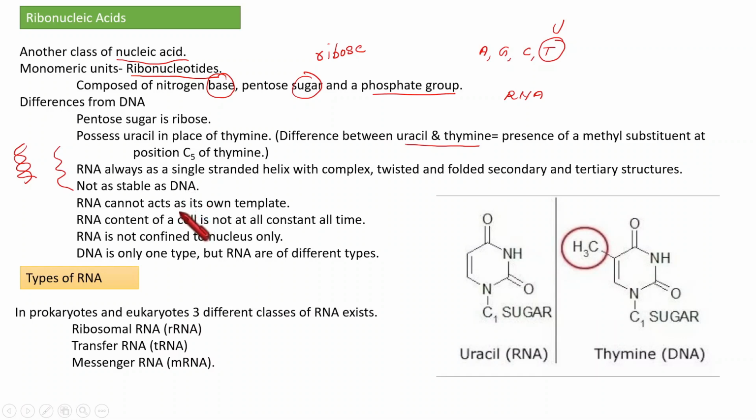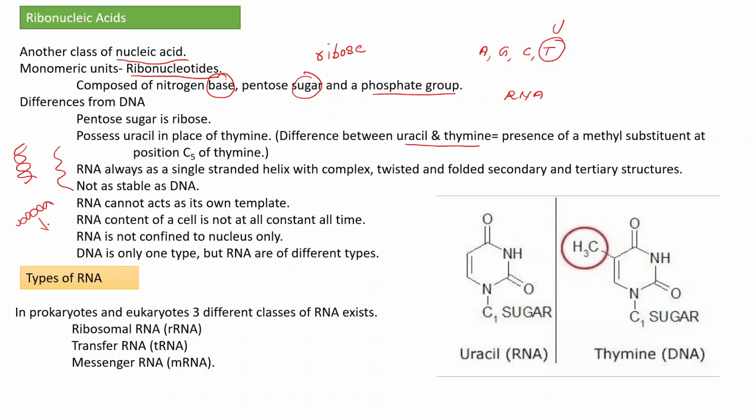The next difference is that for synthesizing a daughter RNA, RNA cannot depend on another RNA. Clear? For synthesizing a new RNA, RNA needs the help of a DNA.